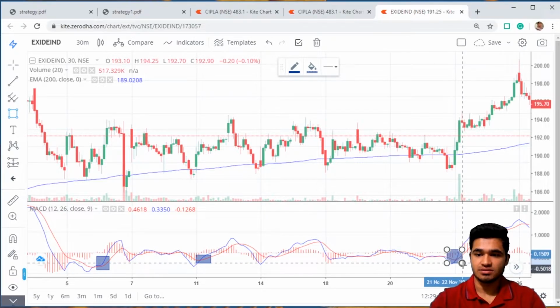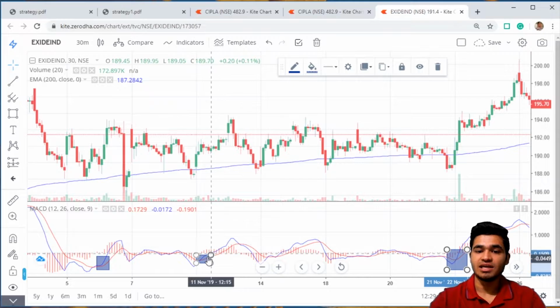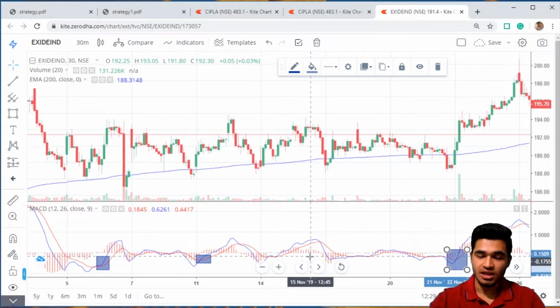This is another buy signal. As you can see, I'm marking all the buy signals which are below the midline. Why am I marking them below the midline? Because it means it's a strong buy.